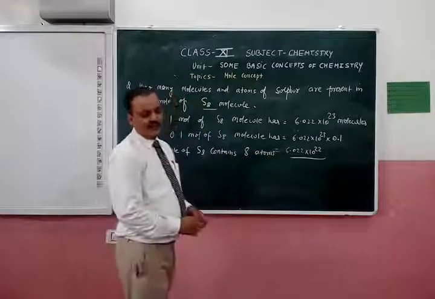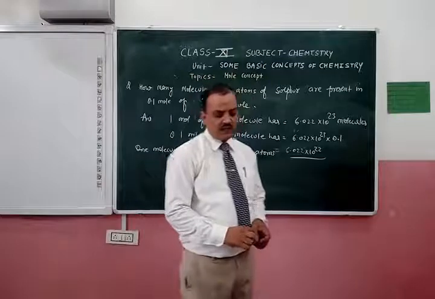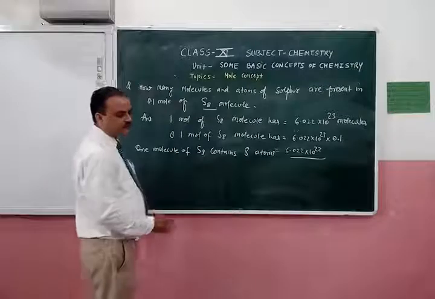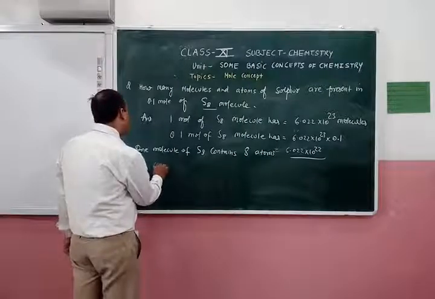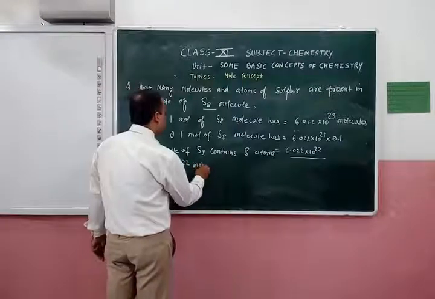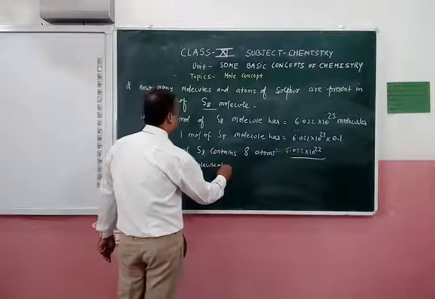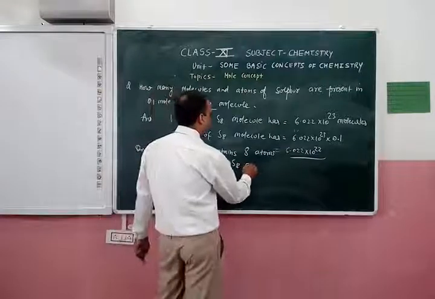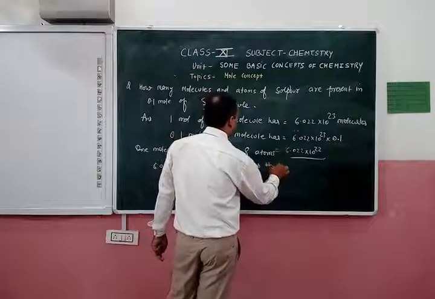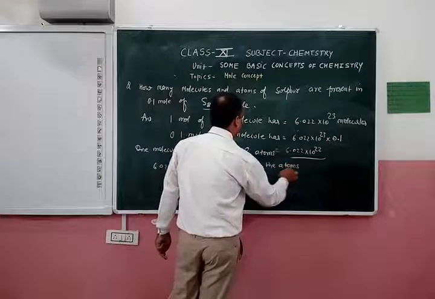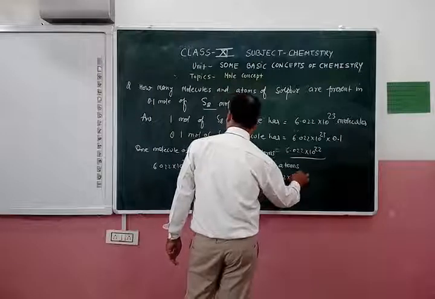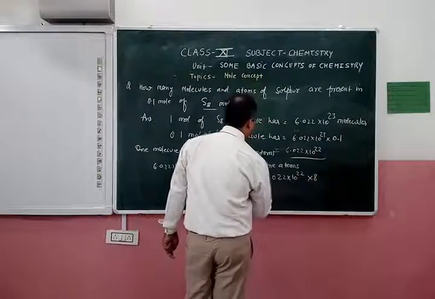So 6.022 into 10 raised to power 22 molecules of S8 have atoms equal to 6.022 into 10 raised to power 22 multiplied by 8.